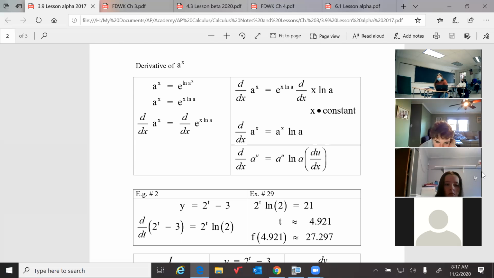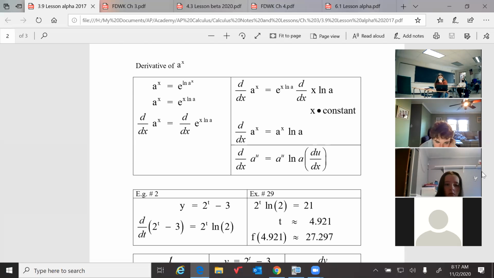It's like saying 5x. So that derivative would just be ln a. So the derivative of a to the x is itself times ln a. And the derivative of a to the u would be itself times ln a times the derivative of the exponent.